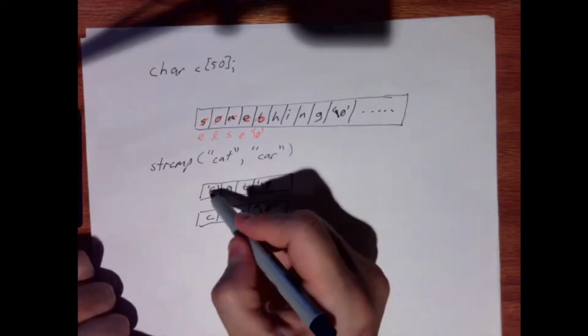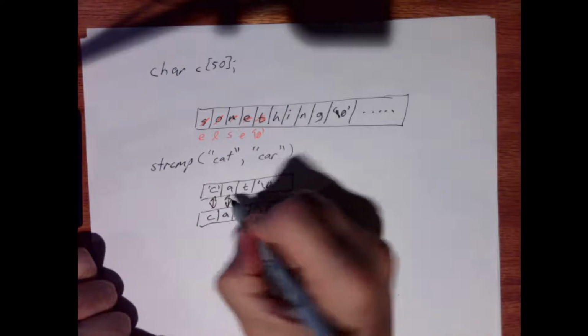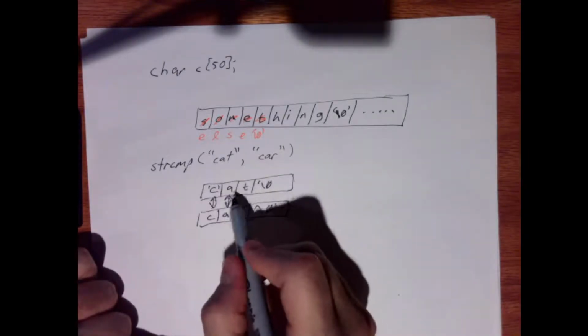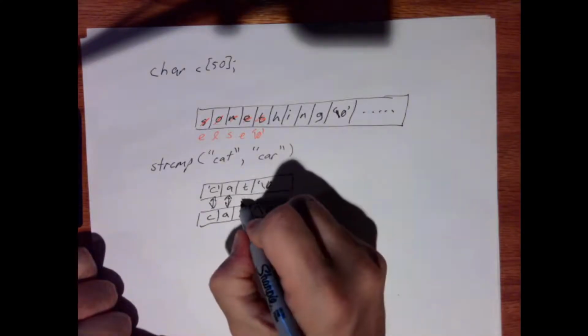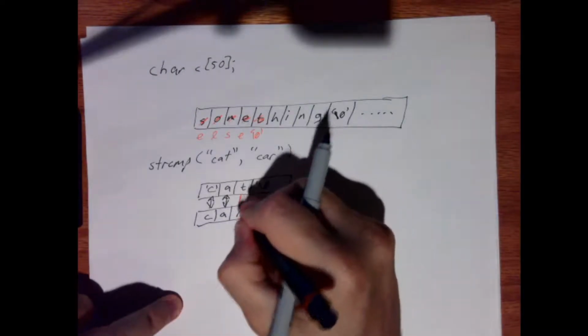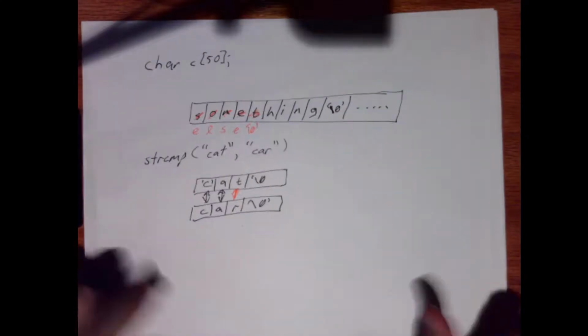And what it's doing is going through character by character, trying to find out how they compare. As long as they're the same, it keeps moving on. But once it finds the mismatch, like here, then it needs to report the order of the mismatch.